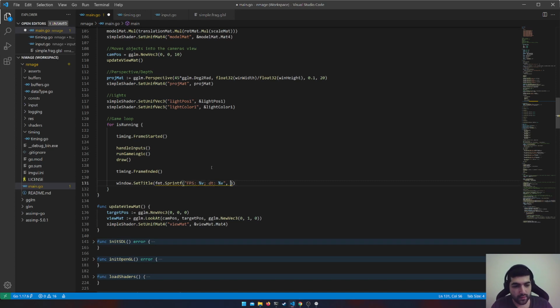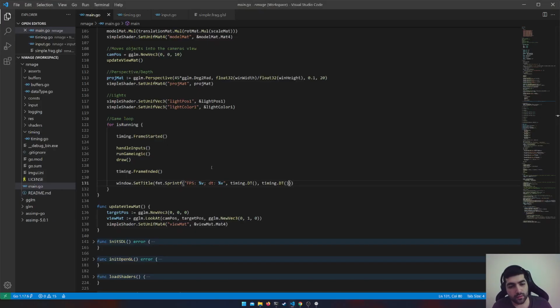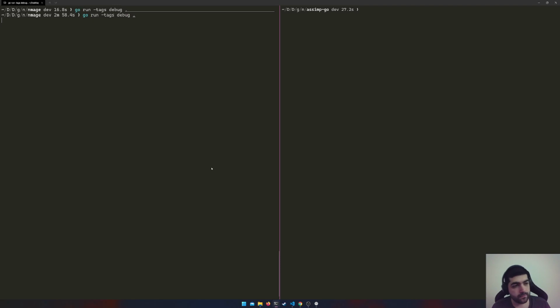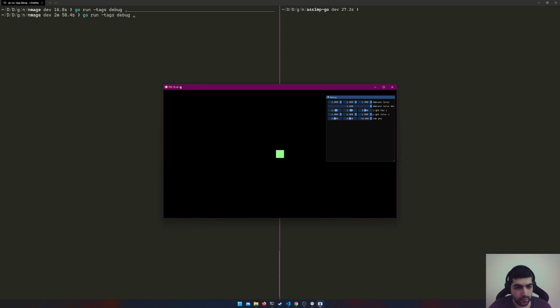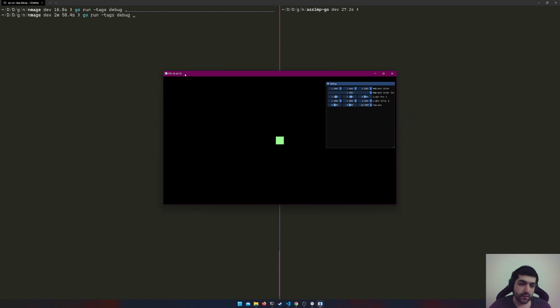So first, let's get timing delta time, and just see that the delta time makes sense, and then we can do the FPS. Okay, so this is really small. 10 milliseconds. Is that right? And then FPS. All right.